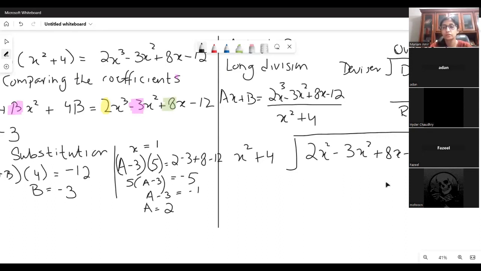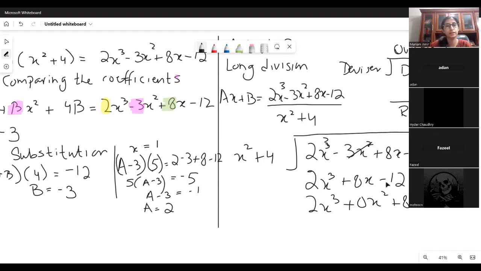Alright. So there's a cube term, then a square term, then an x term, and then a constant. Sometimes in a question a term, for example the square term, is missing, and you just have 2x cubed plus 8x minus 12. To handle that, you must remember to write the x term and x squared term with coefficient 0.